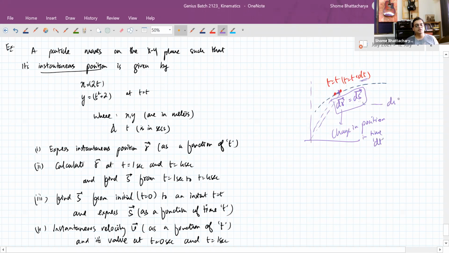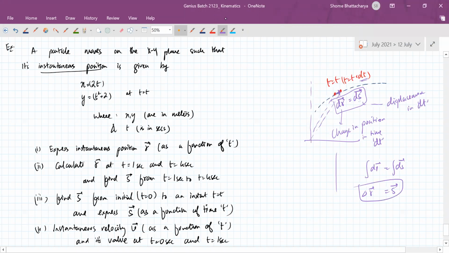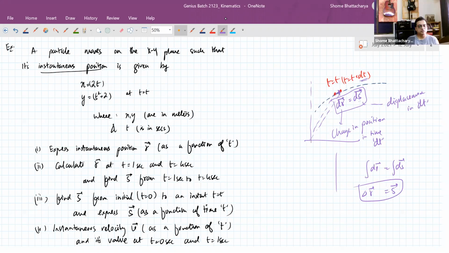This is displacement in that time dt. So for example, if you integrate both sides of this now, this will give you delta r, this will give you s. Understood, sir. Hope this point is clear.